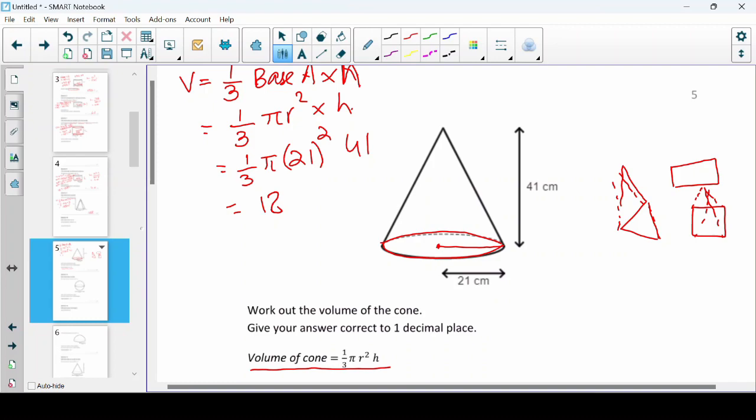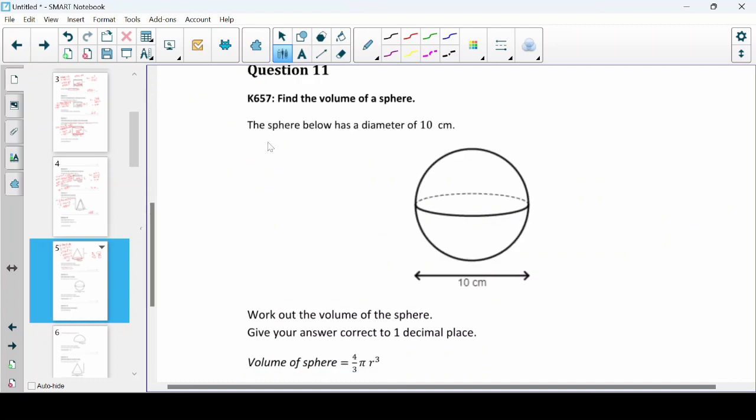And in question number 11, it asks us to find the volume of the sphere with a diameter of 10 centimeter. As the formula has been given to us, 4 over 3 pi r cube.